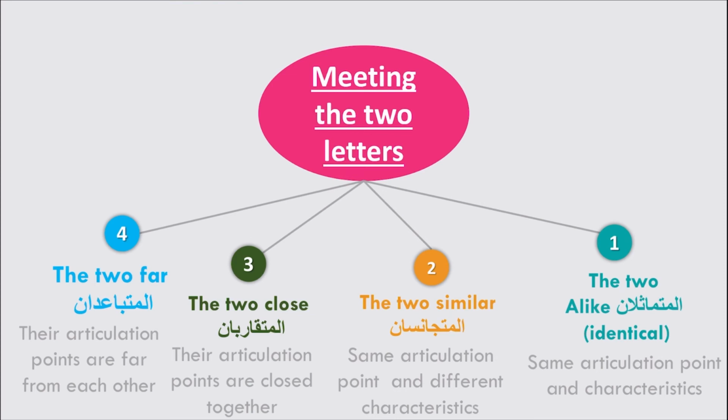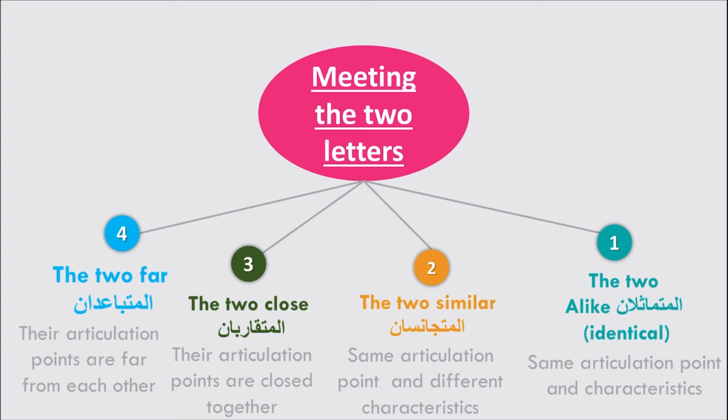Al-mutajanisan, or the 2 similar, like ta and ta, for example, or dal and ta, قد تبين. Dal and ta have exactly the same articulation point, but they differ on some of their characteristics. So they are called the 2 similar, and they have other rulings, as we are going to understand after that.